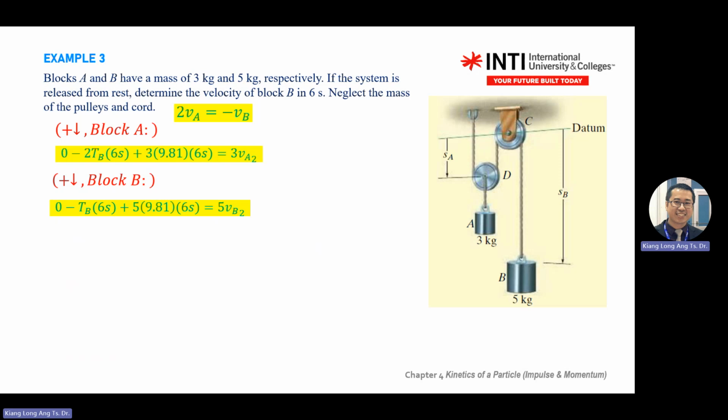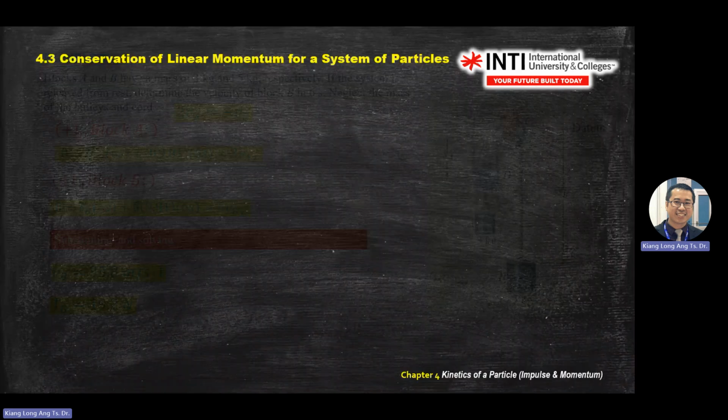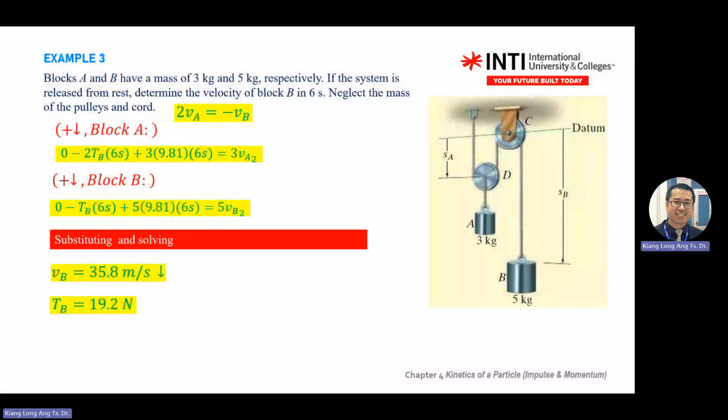There are lots of ways, depending on your preference. Okay, the idea here is solving simultaneous equations. So when you solve, just for your check, VB equals 35.8 meter per second, going down. TB is 19.2 Newton.